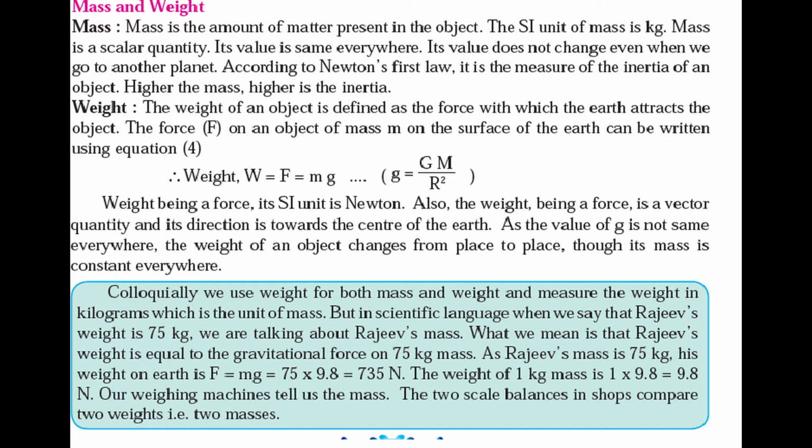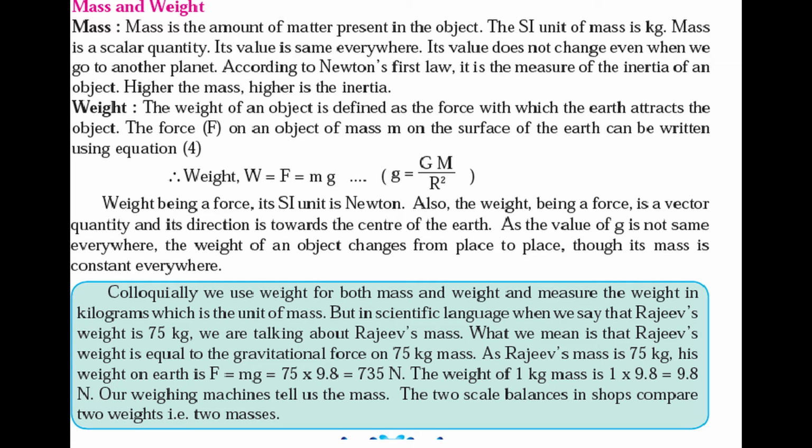Weight. Weight of an object is defined as the force with which the Earth attracts the object. So it is the force on an object of mass m on the surface of the Earth and can be calculated as W = F = m times g. So we know g = G times M divided by R square.